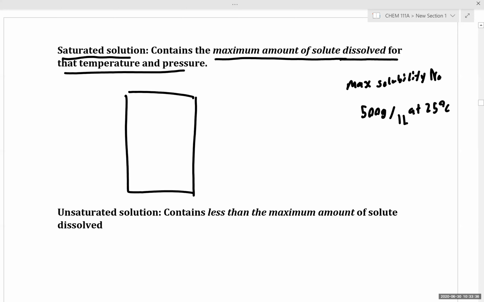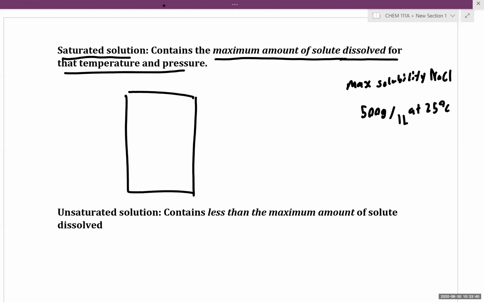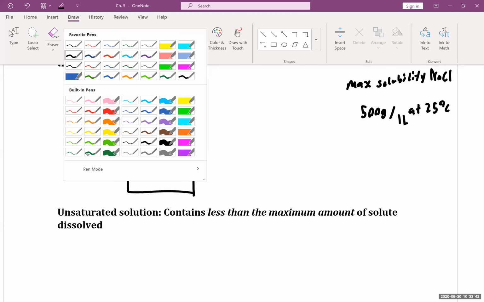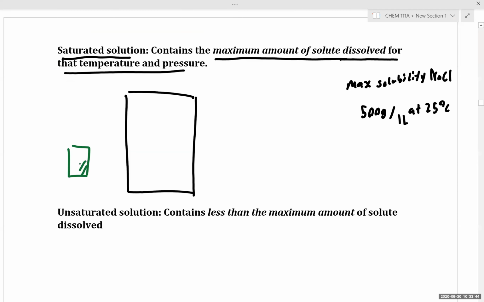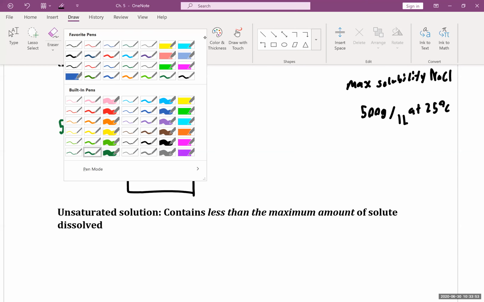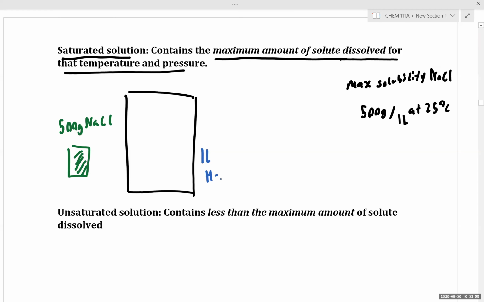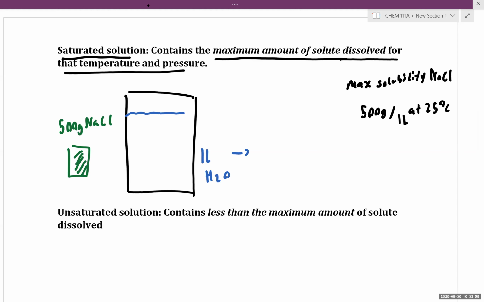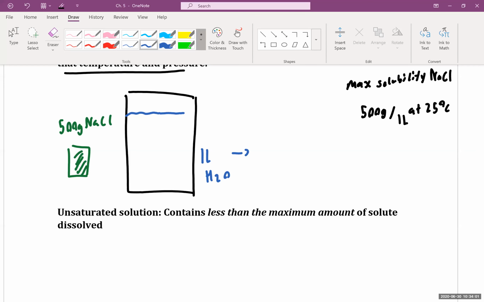Let's designate this the maximum solubility of sodium chloride. And let's suppose we want to make a saturated solution. So to do that, we'd take 500 grams of sodium chloride and we'd very carefully dissolve it in 1 liter of water. That in turn would give us a saturated solution.